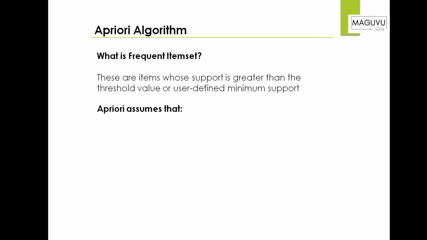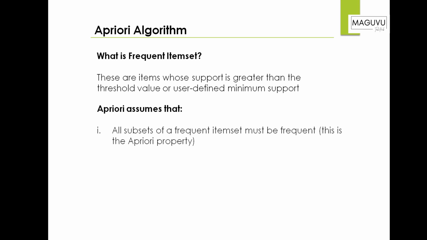The a priori algorithm works on some assumptions. It assumes that all subsets of a frequent item set must be frequent. This is the a priori property. We are going to look at that as we take on a numeric example.